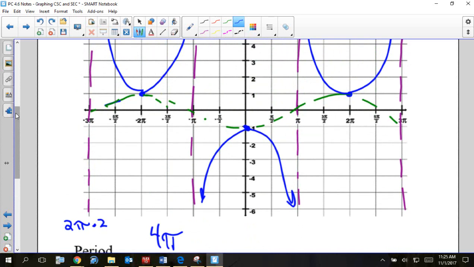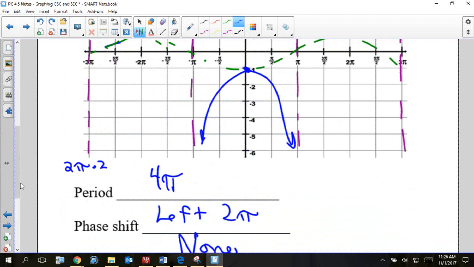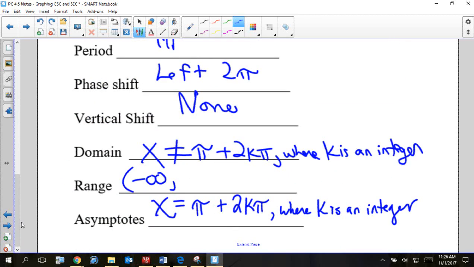It skips to 1 and goes to positive infinity. So we're going to have a union of two pieces for the range. We're going to have negative infinity to negative 1, bracket, union, bracket, 1 to positive infinity. So it's just skipping over in between negative 1 to 1.